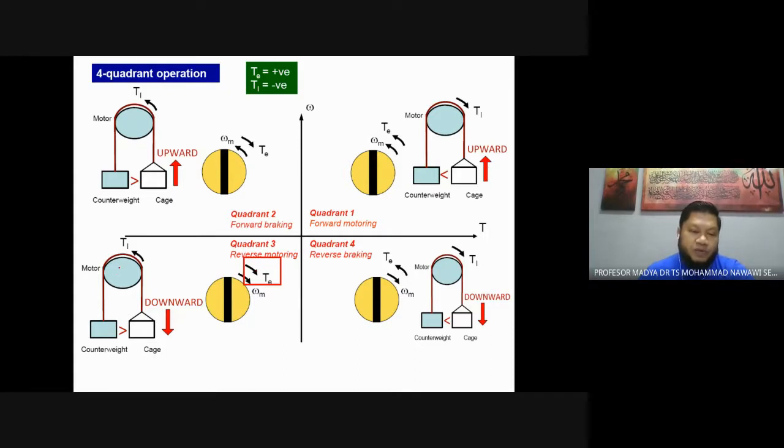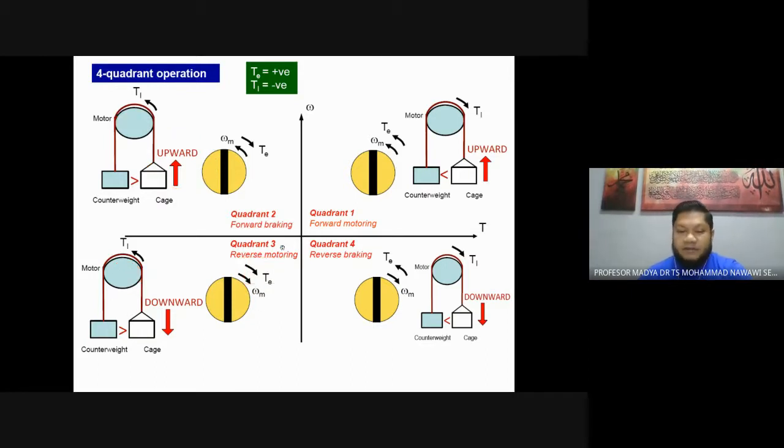Your motor now rotates in that direction instead of going upward. In this third quadrant, the motor rotates downward, so we need to have this electric torque in that direction. It's the reverse motoring.